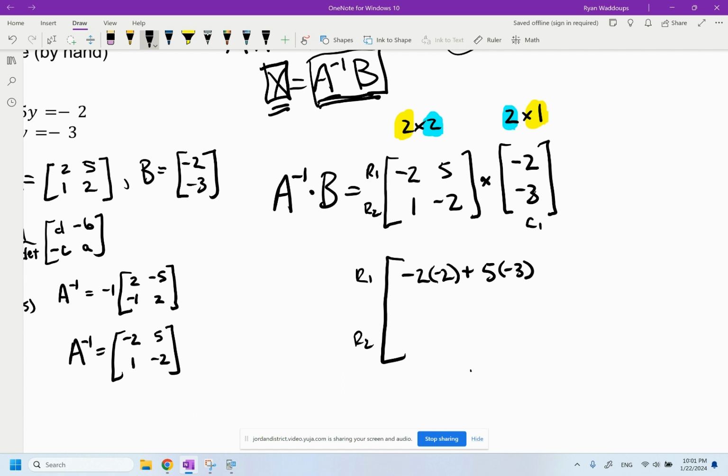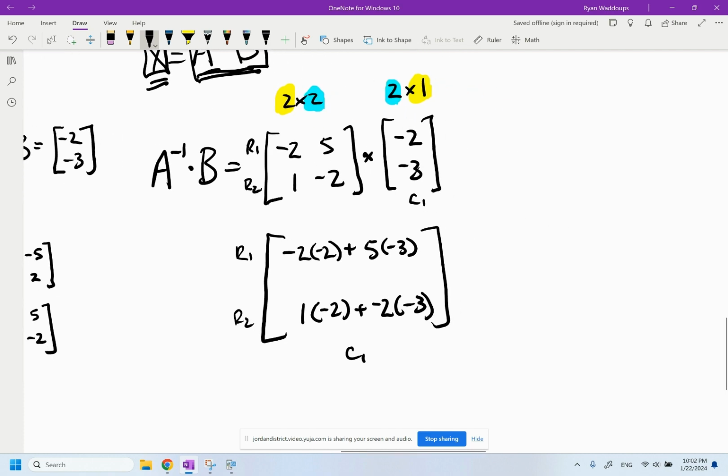There's only going to be one column. It might look like more than that, but all of this comes down to one number. So for my bottom row, I take 1 times -2 and add that to -2 times -3. Then I just have to simplify this out.